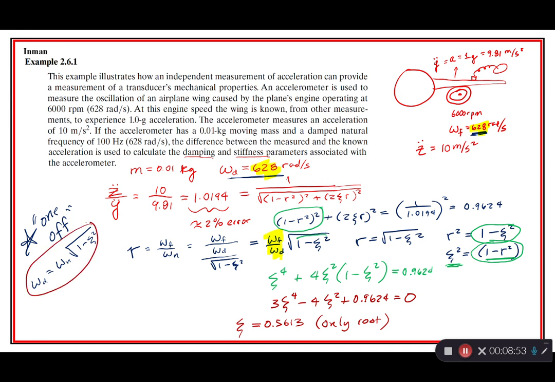So what we're left with now is the ability to find the natural frequency. Because from here, knowing the squiggle and knowing the damped natural frequency, we are able to get the natural frequency. So let me go blue.